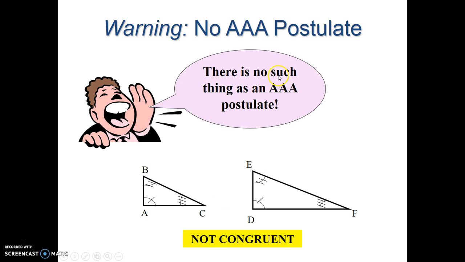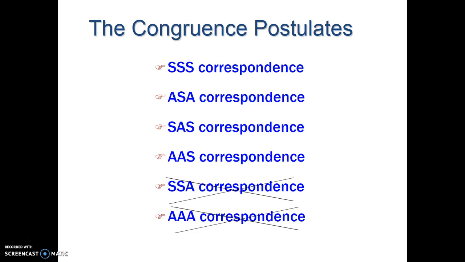Next one we have AAA. This one is not good either. If you have 3 angles of one triangle congruent to 3 angles of another, you cannot prove the triangles congruent. I am very sorry. I'm devastated too, but you cannot prove them congruent. Sorry. So here's your list of correspondence between triangles, these sides and angles.